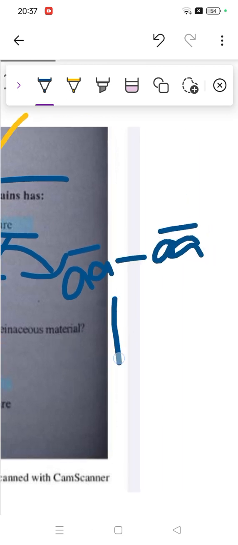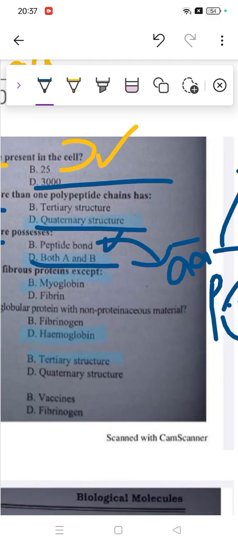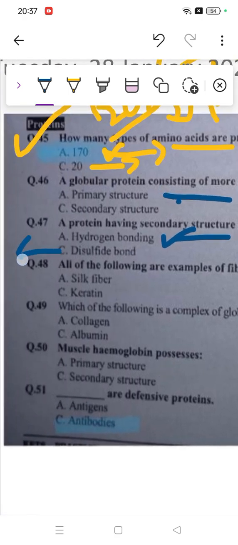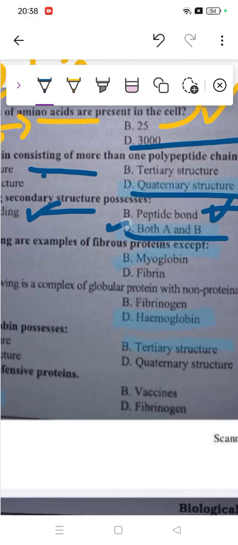So protein has a chain, and the glue that makes them attach is called a peptide bond. The bond between amino acid and amino acid is called a peptide bond. Hydrogen bonding is very important. However, a disulfide bond is simply a bond present between sulfur-containing amino acids, but here they're not asking for this. A protein having secondary structure, D is the right option.